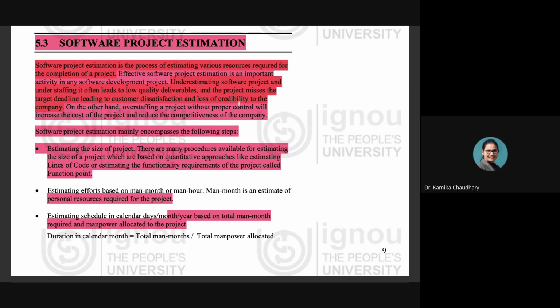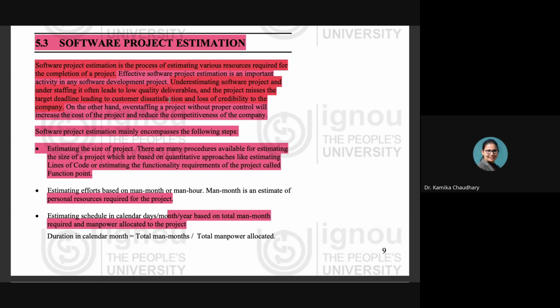What happens in the case of underestimation of the software project? There is going to be a problem with the quality of the software that is delivered, and also customer dissatisfaction and loss of credibility for the company, right? The company is going to suffer with these two factors. The first is the customer.